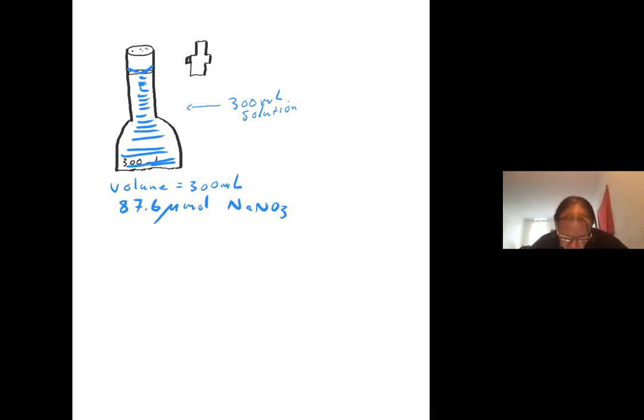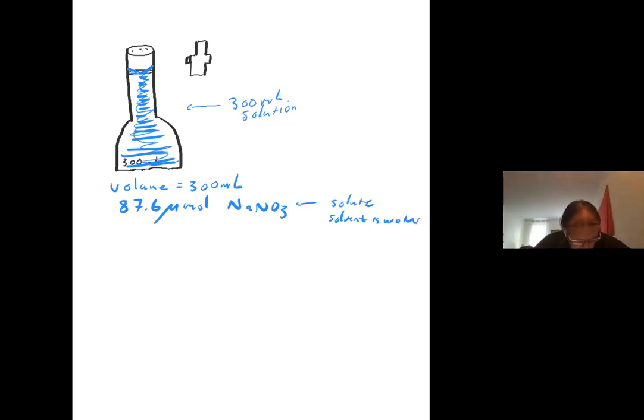When they give you the number of moles, that's referring to the solute. The solvent is water. Okay, so when you mix everything up, the sodium nitrate with the water, and you fill it all the way to the 300 milliliter mark, there's going to be a certain concentration of sodium nitrate. So what we want to do now is calculate what that concentration is.